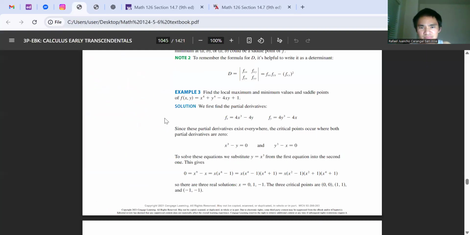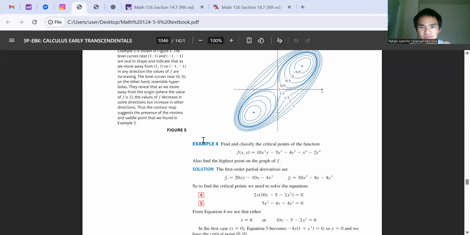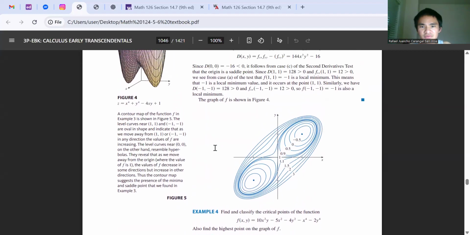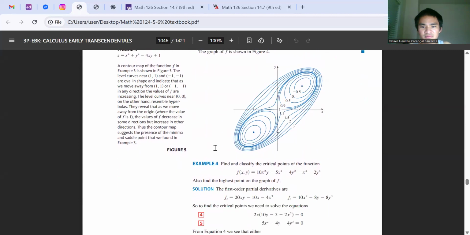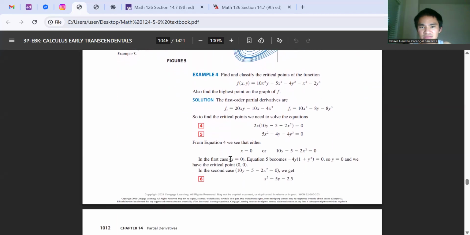Let me see. I'm trying to skip through. Oh, there we go. We have something here. Let me go through this part. Find and classify the critical points. Let me do this one first, so that we can find that other one.